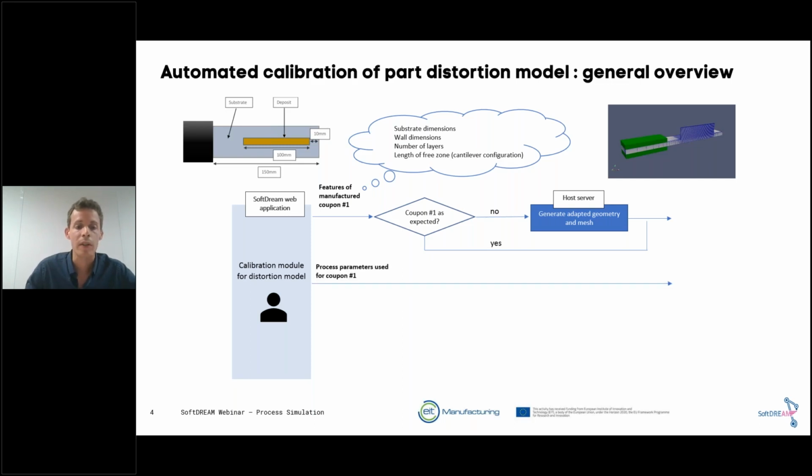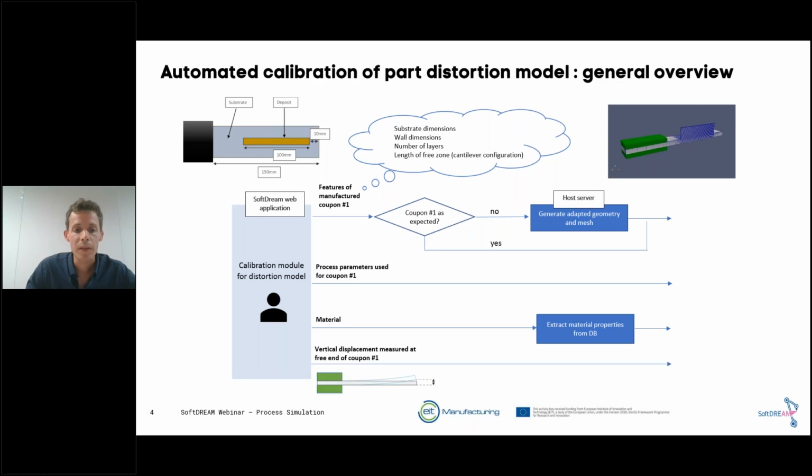The other inputs are the process parameters that were used when manufacturing the coupon, the material that was used, and we refer to some material properties in the database. And finally, a very important input is the vertical displacement that is obtained on the manufactured coupon.